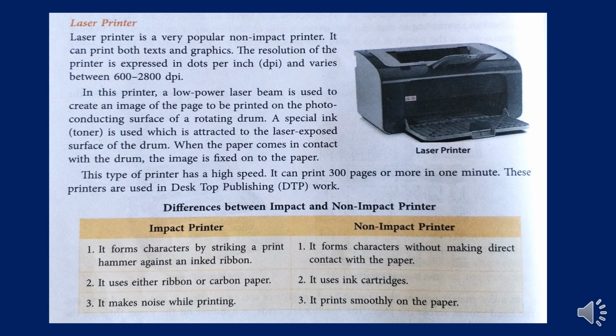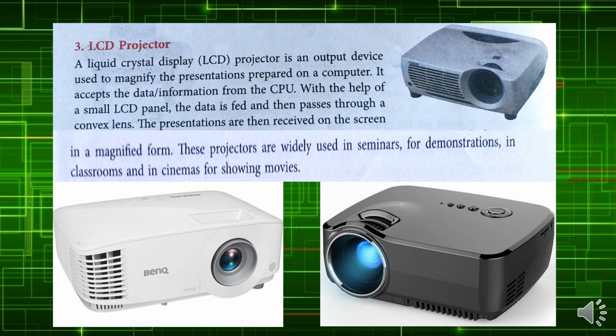An impact printer uses ribbon or carbon paper, but a non-impact printer uses ink cartridges or toners. An impact printer makes noise while printing, and a non-impact printer prints smoothly on the paper.